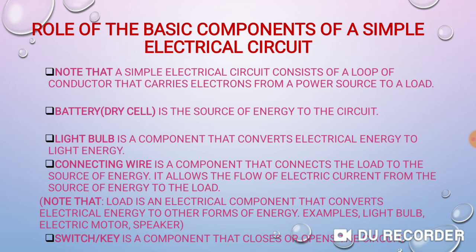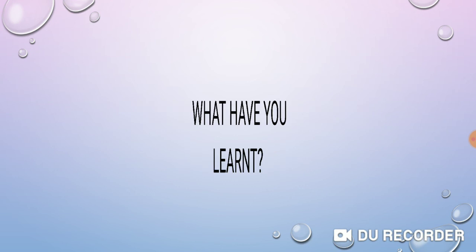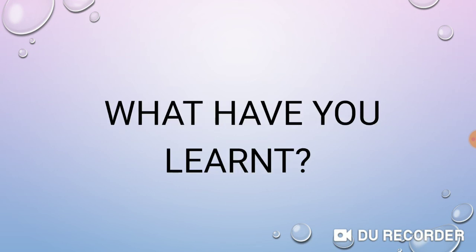All right, all too soon we have come to the end of our first lesson in science. So the question is, what have you learned? We looked at simple electrical circuits. We looked at the components, especially the four basic components, which are the battery or cell, light bulb, connecting wire, and of course the switch.